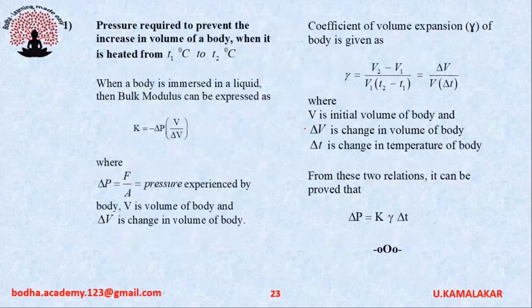Also, coefficient of volume expansion of a body is given as gamma is equals to delta V by V into delta T, where V is initial volume of body, delta V is change in volume of body, delta T is change in temperature of body. From these two relations, it can be proved that delta P is equals to K gamma delta T.